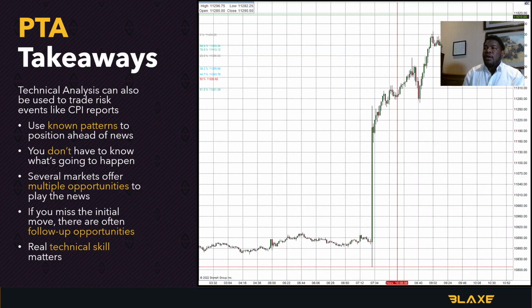Also, broaden your horizon. You may trade one market, or you may have never considered trading risk events. Well, open yourself to multiple opportunities, and you'll find that you have many different ways to play other than just day trading or swing trading or position trading or whatever you do. There's something else out here.